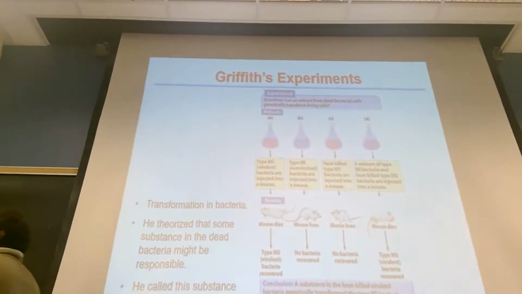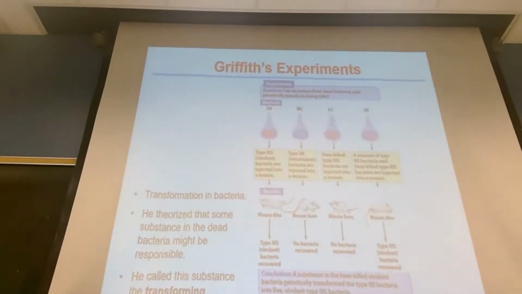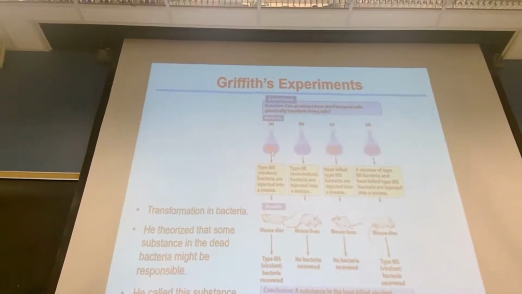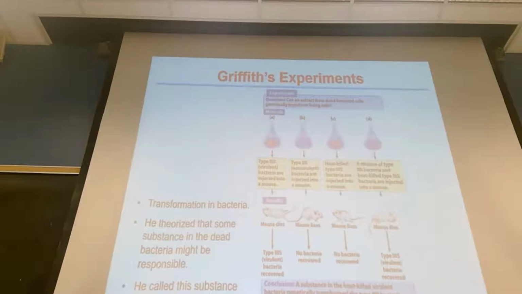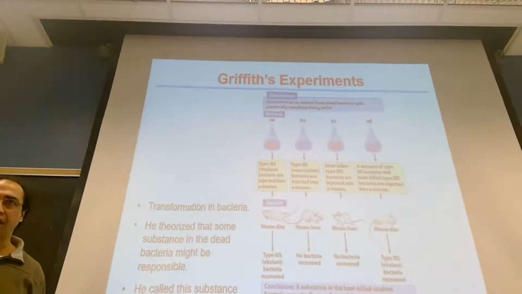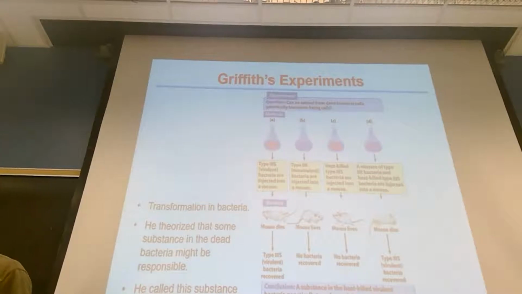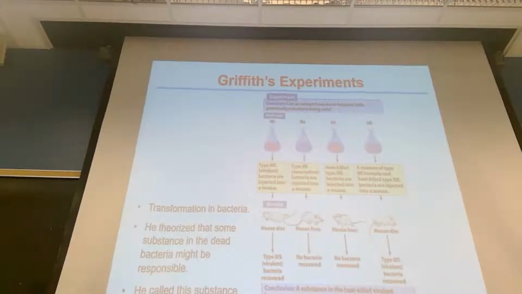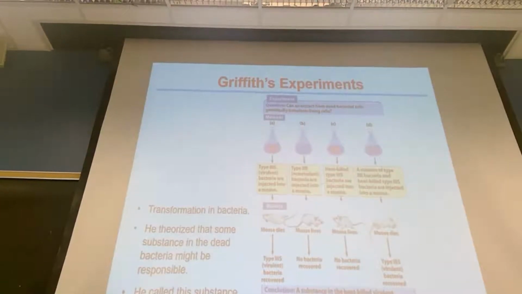Now, those virulent types have a very smooth surface. But the non-virulent type has a rough surface. Rough surface means some kind of carbohydrate or protein part is missing on the surface.